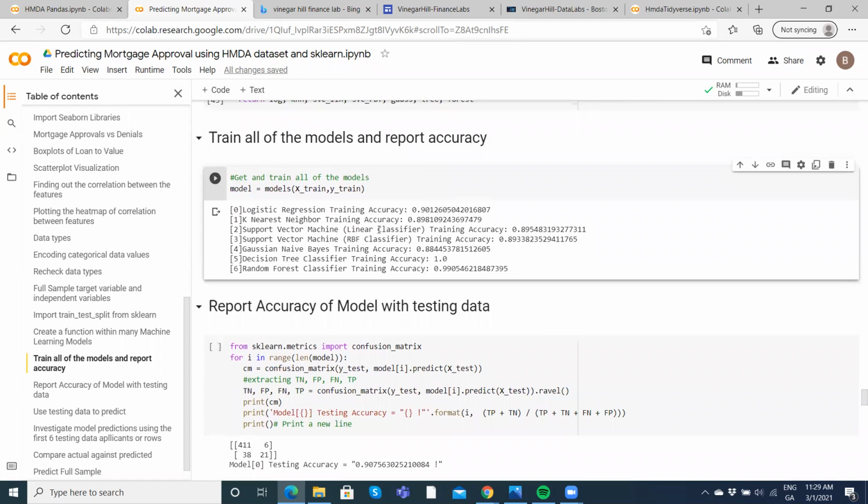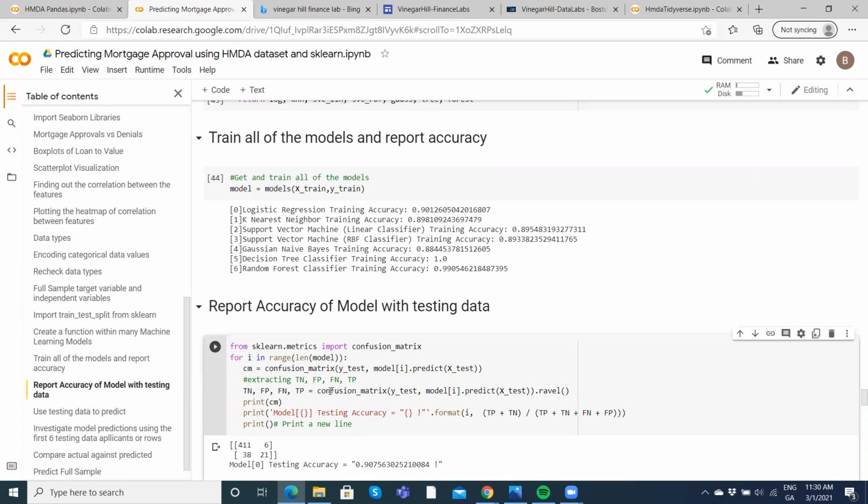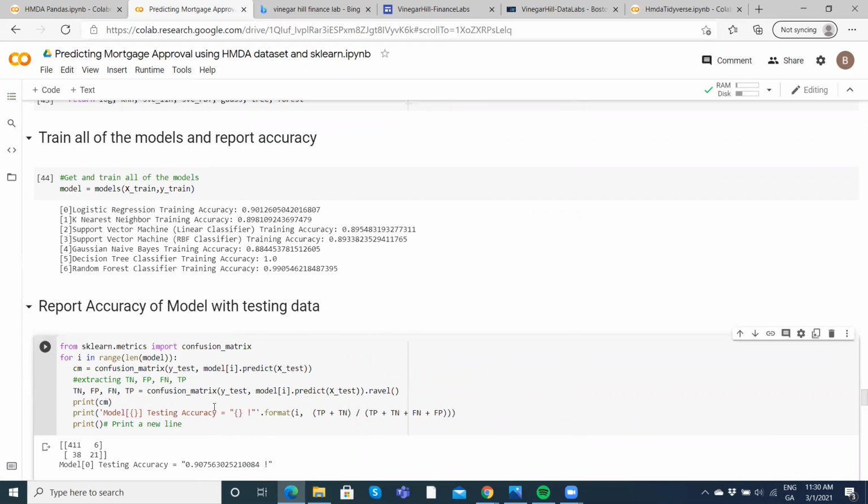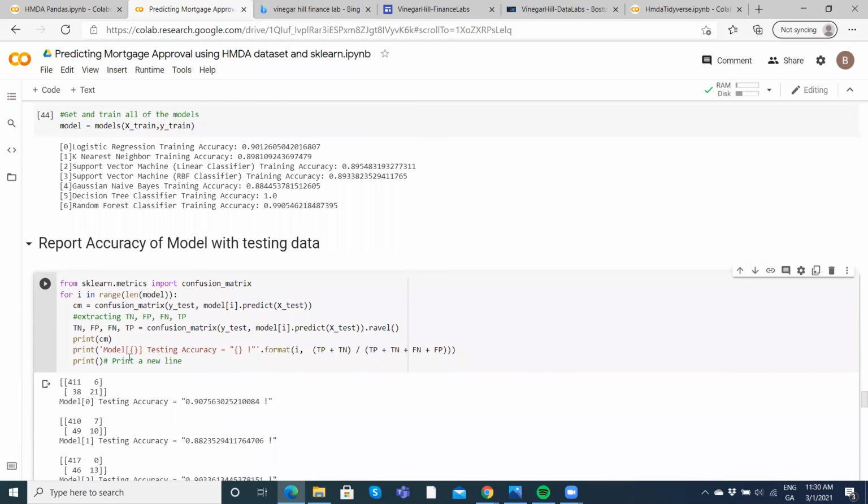So we want to take that 20% of data we reserved and now apply these models and predict using the testing data and see how well the models do. And then we create a series of confusion matrices based on each of the models.